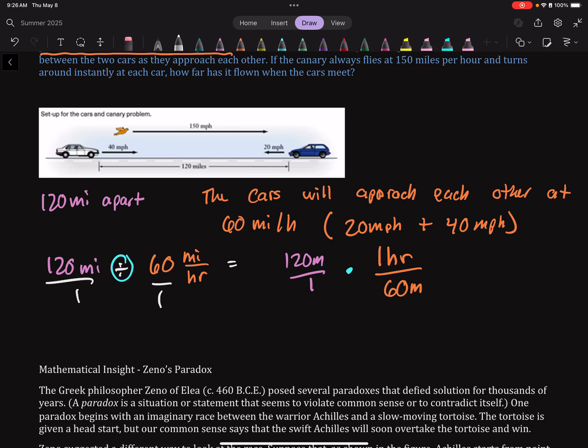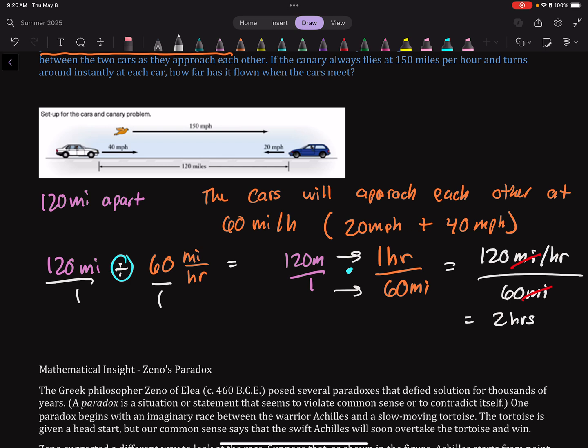We multiply straight across or cross multiply. It's totally up to you. So we have 120 miles times hour over 60 miles. Because we have miles on top and bottom, we cancel those out. We're left with hours. So 120 hours divided by 60 is 2 hours.